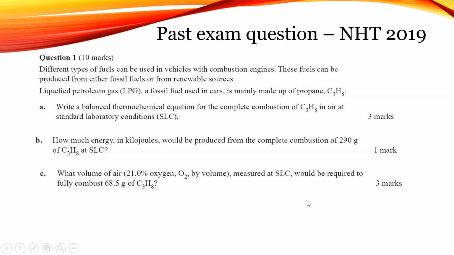Right, now, past exam questions are something that we really need to be aware of from the beginning of the year. So this is an exam question from the Northern Hemisphere timetable. So there are some subjects that have exams at mid-year for schools in the Northern Hemisphere, and chemistry is one of them. I'm pretty sure there's maths methods as well, and physics.